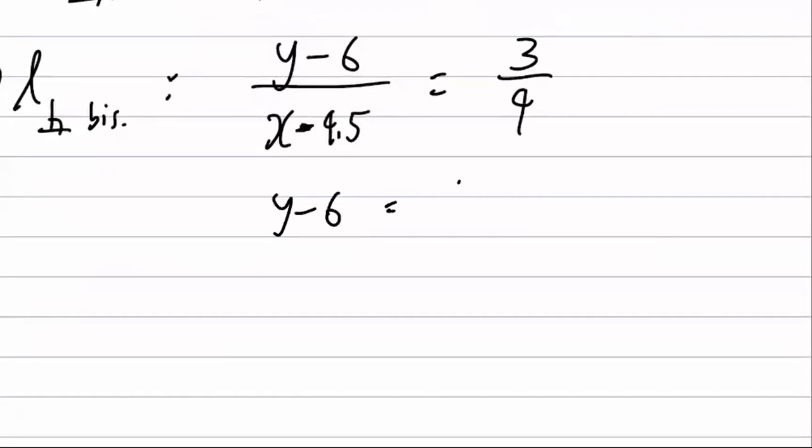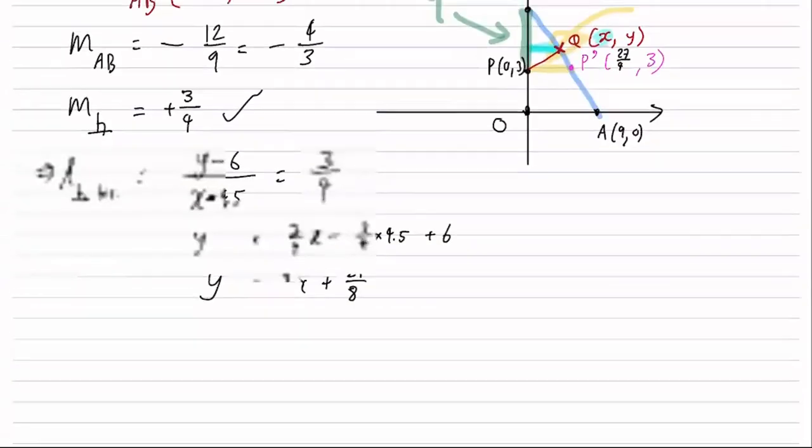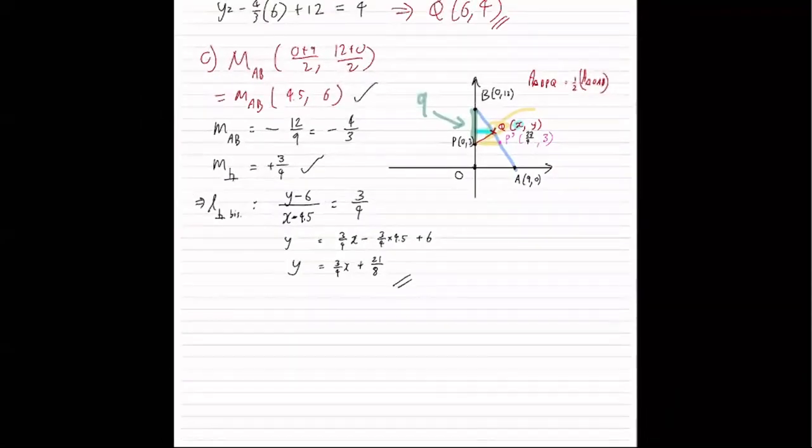Solving, you get y minus 6 equals 3/4 times x minus 3/4 times 4.5. Minus 6 can bring over, become plus 6. Simplify, you get 3/4 x, negative 3/4 times 4.5, add on a 6. You get 21/8. Are we done? Yeah, that's it. That's the equation of the perpendicular bisector.